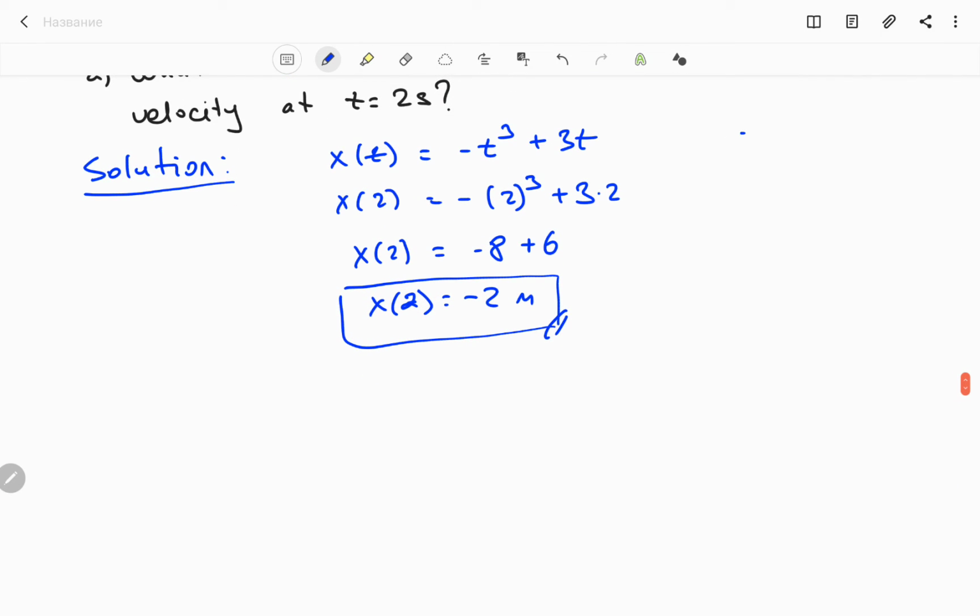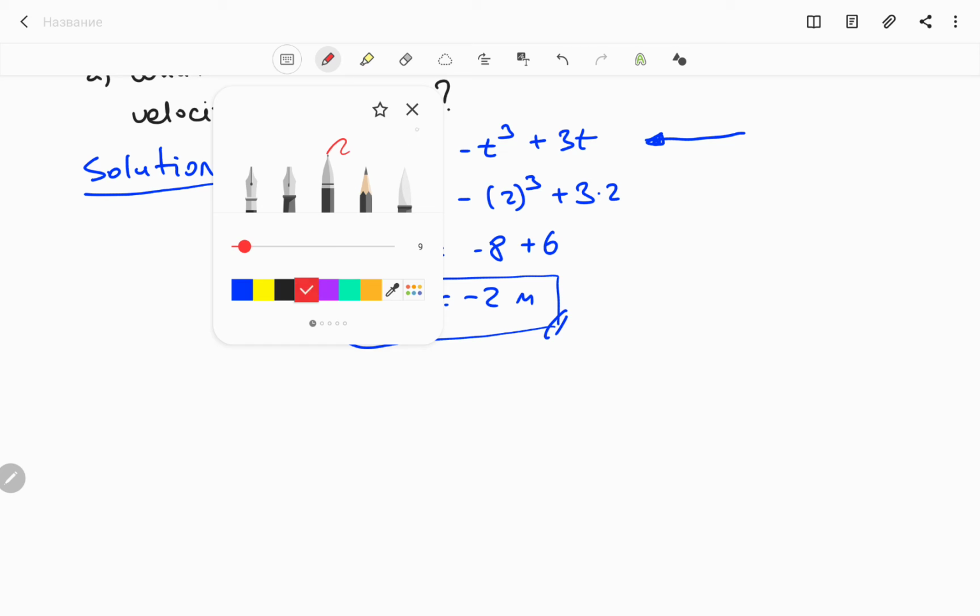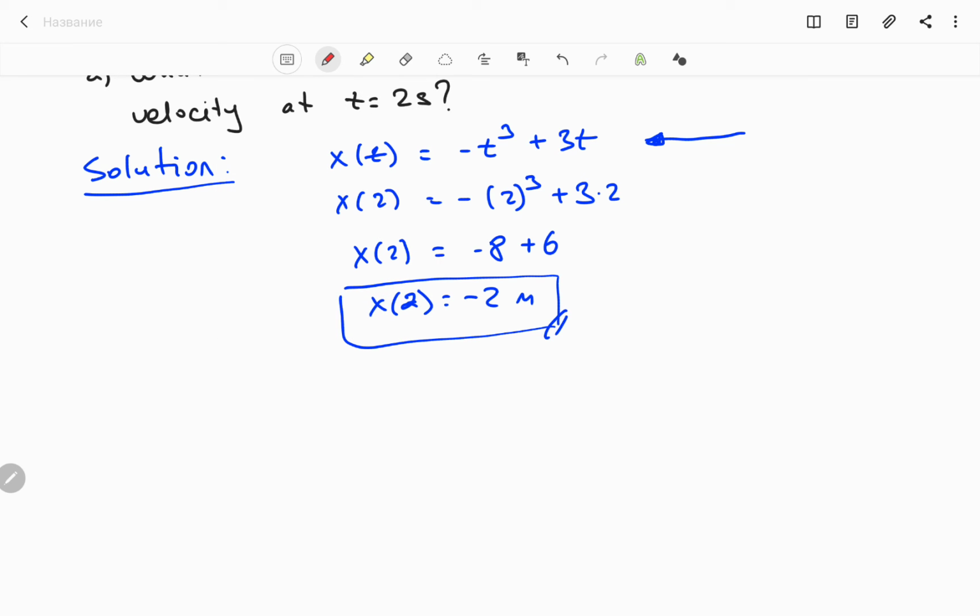Now question, find velocity at 2 seconds. When you pay attention to this equation, you will see that position changes according to this equation. So at this point, we cannot say something about this motion because we don't know how velocity changes. So the best way, we need to just differentiate this equation with respect to time. That's all. V equal to delta x over delta time, or we can say x with prime.